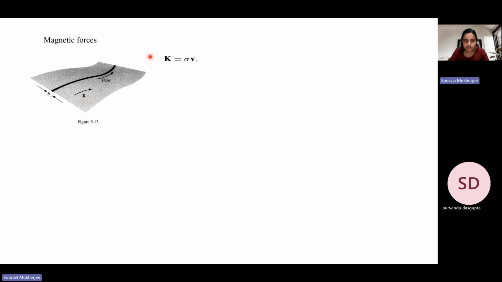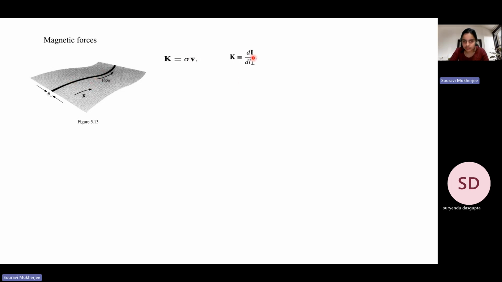Now, if you break your entire surface into such small elements, you can say that if your surface charge density is sigma, the charge per unit area, and the velocity is v, then the surface current density can be defined as sigma into v. And if you break it into such segments, you can actually do integrals, right?